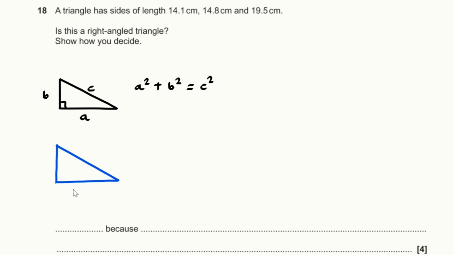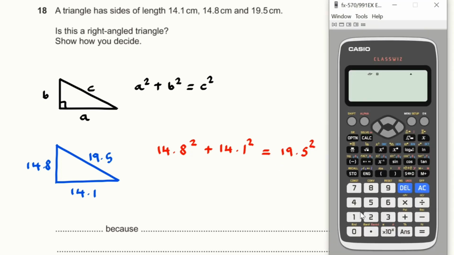So if here I've got 14.1, 14.8 and 19.5, if I work out 14.8 squared plus 14.1 squared, and if we're questioning if this is equal to 19.5 squared, it turns out here we get 417.85, and 19.5 squared is 380.25.